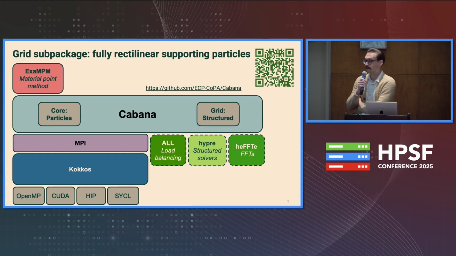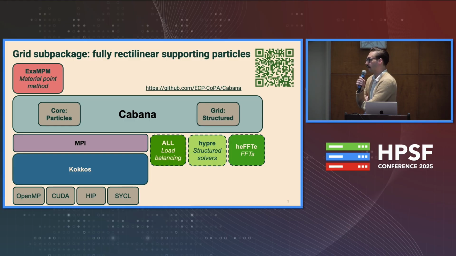And so we have fully rectilinear structured grids for interpolating particles back and forth to that grid. And again, optional subcomponents, different library interfaces. Certainly, it's much easier and preferable as a developer to work with Kokkos-based optional dependencies, so things like ArborX.